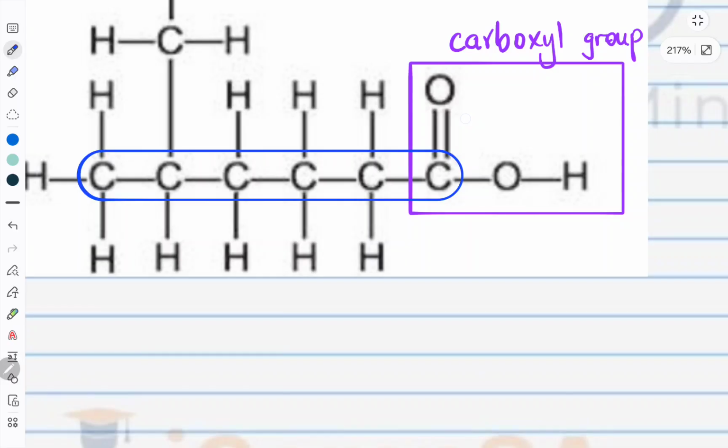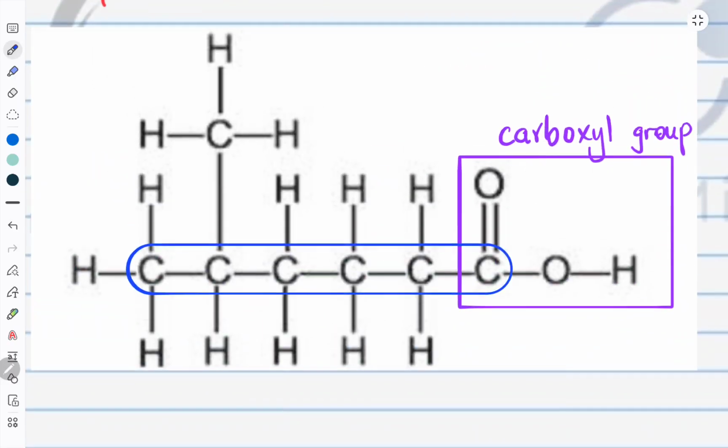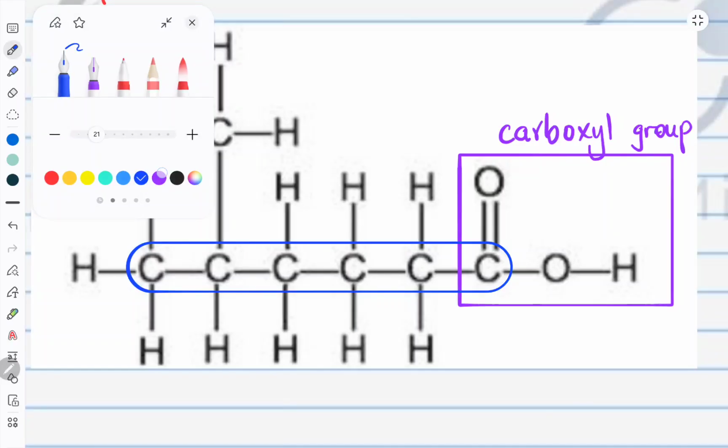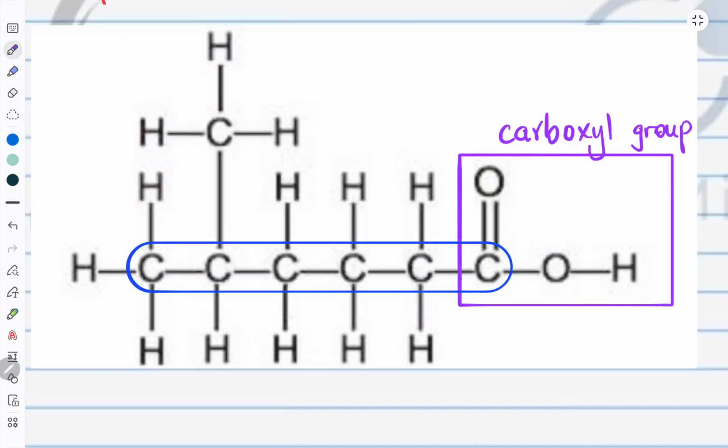That's my parent chain. And now that I've taken out my parent chain, I can see that there's a branch going outside the main chain, which happens to be my alkyl group. And since it has 1 carbon atom, this would be methyl.